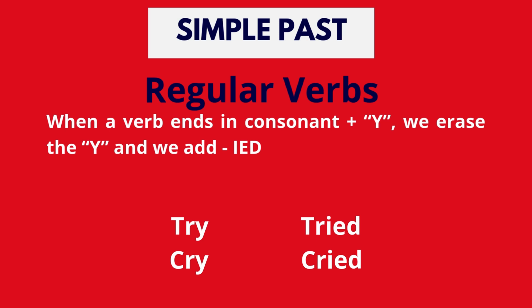So we have the word tried. It's the same for cry. We have the word cry, it's consonant plus y. In this case, you have to do the same. You have to erase the y and replace it with an i, and then add ed. And we have the words tried and cried.